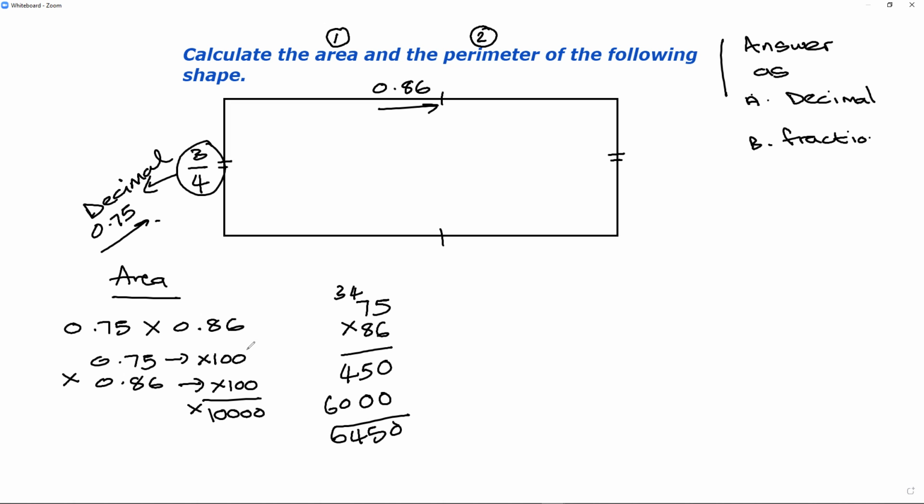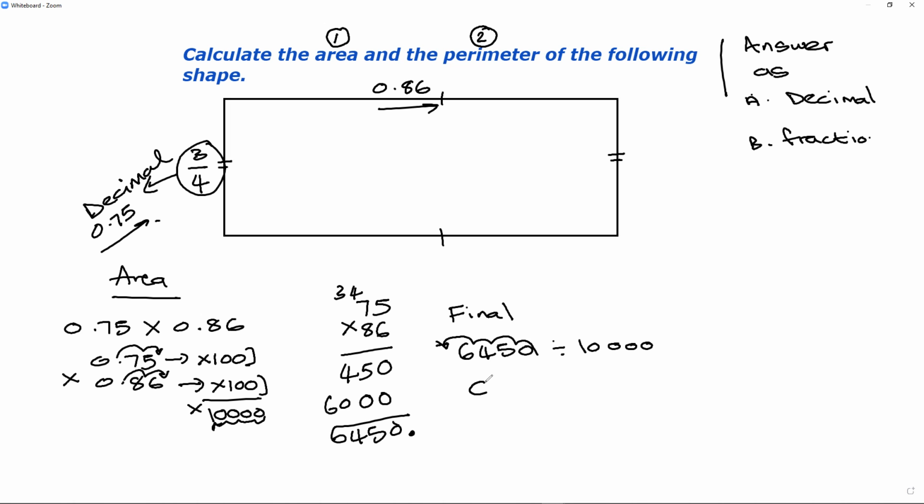Now, because I multiplied by 100 and moved the decimal 2 spaces to the right for each of these, I have to move it 1, 2, 3, 4 spaces to the left. So my final answer is going to be by taking 6450 and dividing it by 10,000. When I divide it by 10,000, I move the decimal 1, 2, 3, 4 spaces.